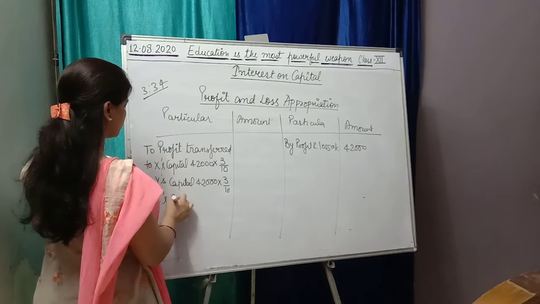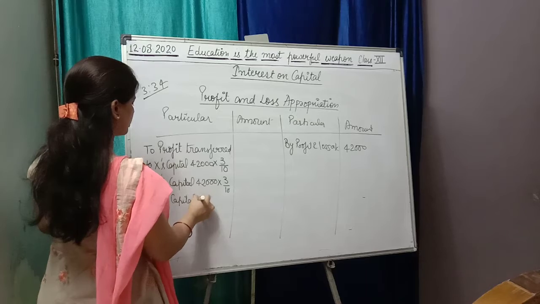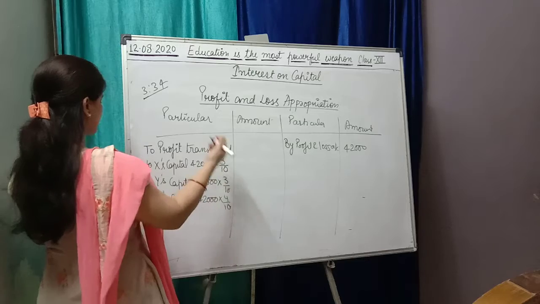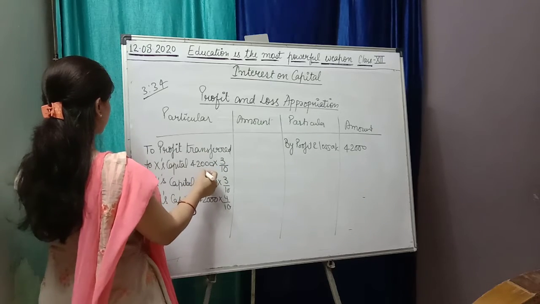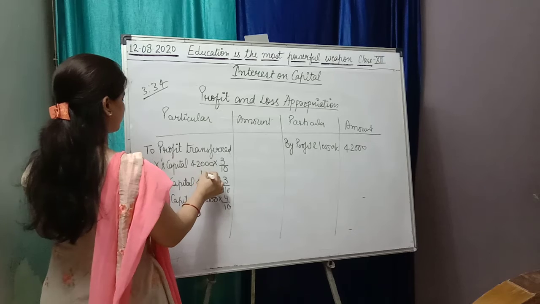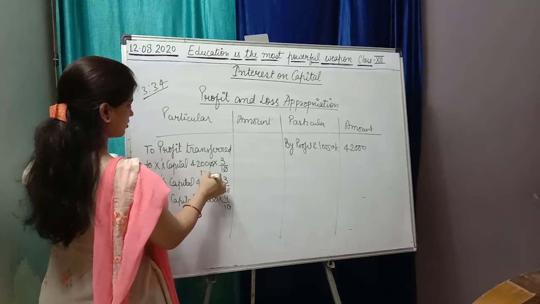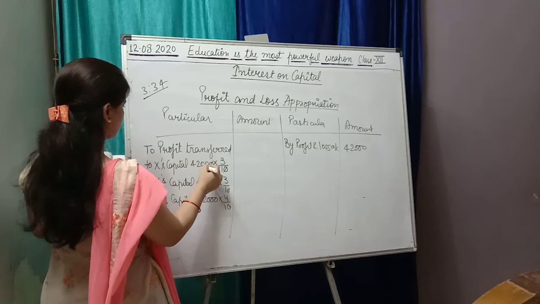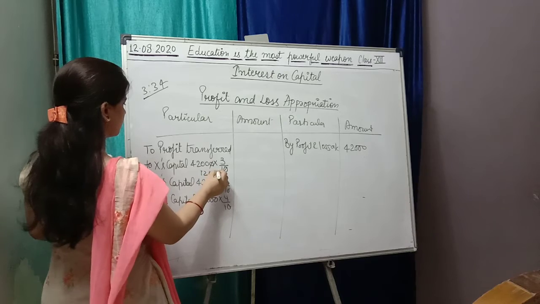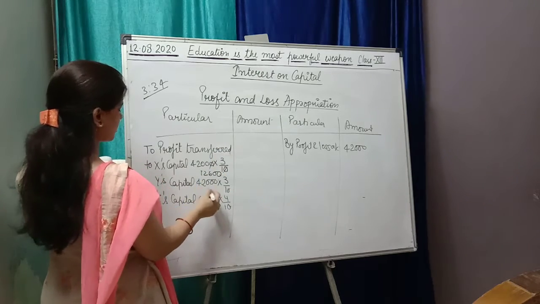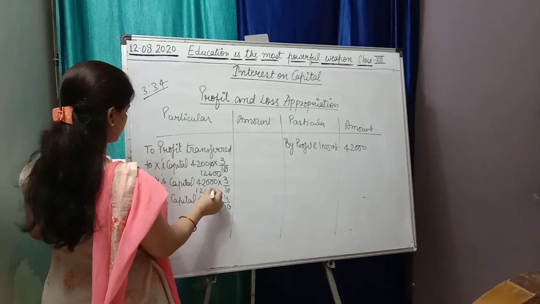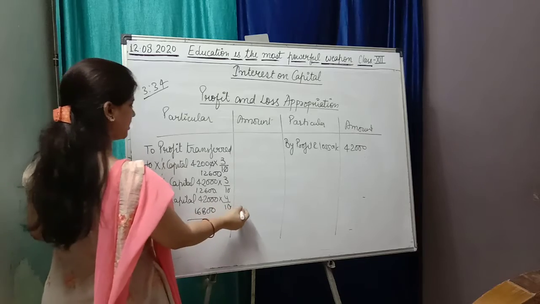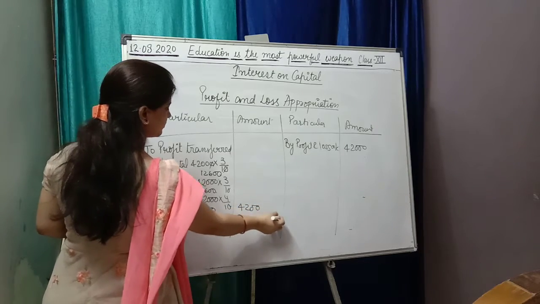Z's capital, 42,000 into 4/10. After calculating this, we get these amounts: 12,600, 12,600 and 16,800. The total will be 42,000.